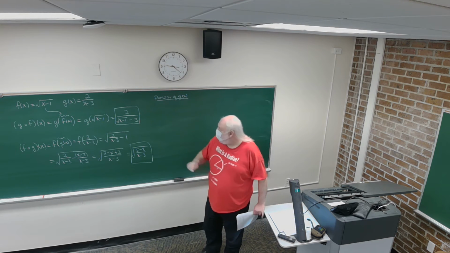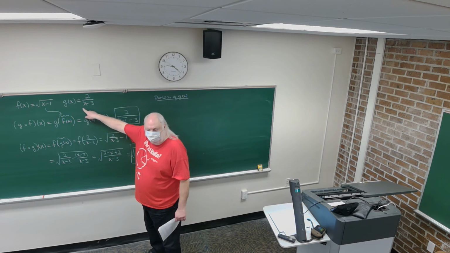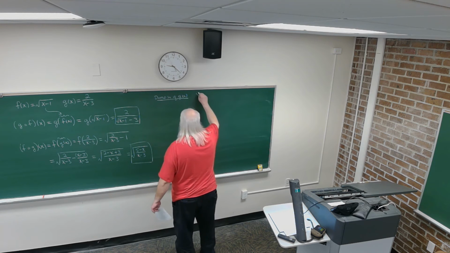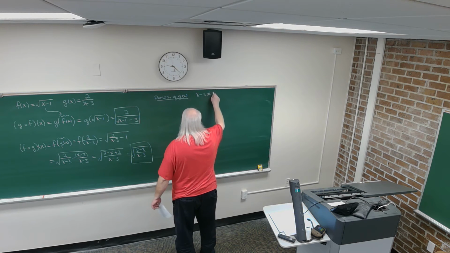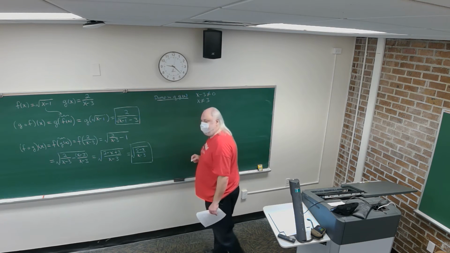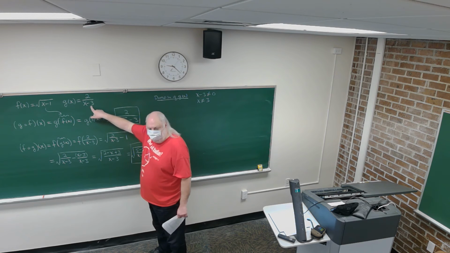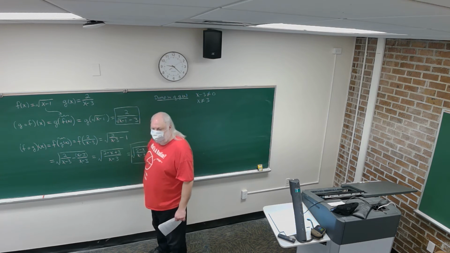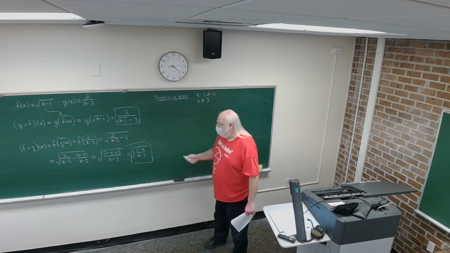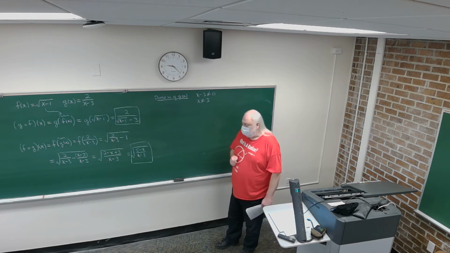Can you tell? 3, right? x minus 3 can equal 0, which means x can equal 3. Because if x equals 3, we have 3 minus 3 in the denominator, which is 0, and you can't divide by 0. So 3 is not in the domain of our composite function right off the bat.